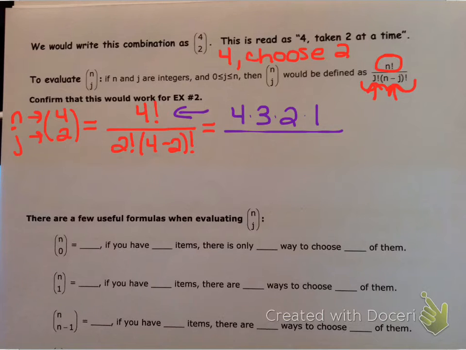Now that's not going to be too big, but I'm going to show you a trick to this formula as well. So I'm not actually going to multiply that out yet. Then I have 2 factorial right here in the denominator. That's just 2 times 1. And then, right there in the denominator, I have 4 minus 2 factorial, which is also 2 factorial.